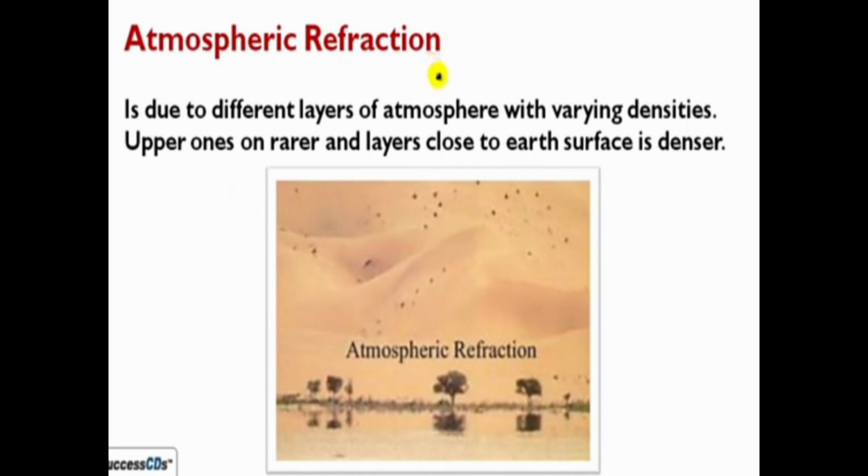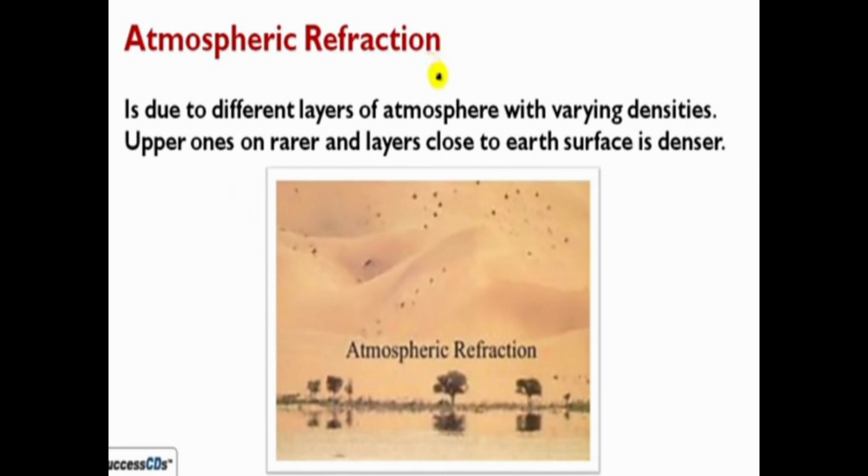Now, atmospheric refraction is due to different layers of the atmosphere with varying densities. What happens in this? Different layers of atmosphere are formed, and their densities are different. Due to that, atmospheric refraction occurs.